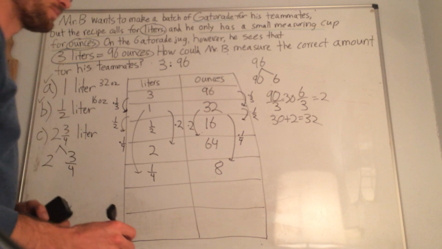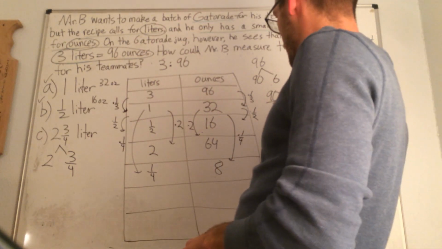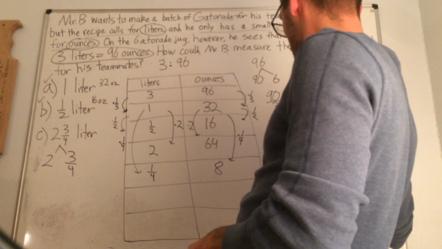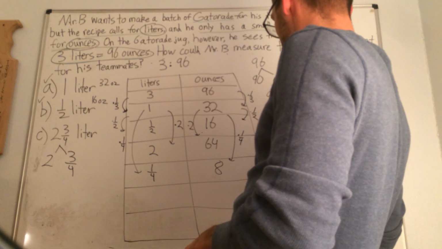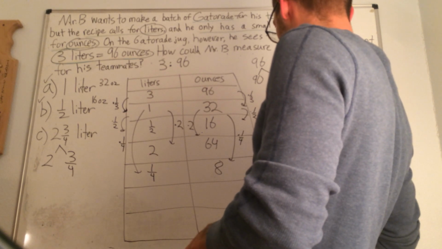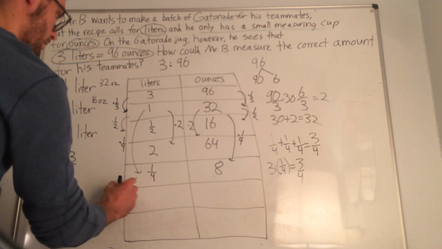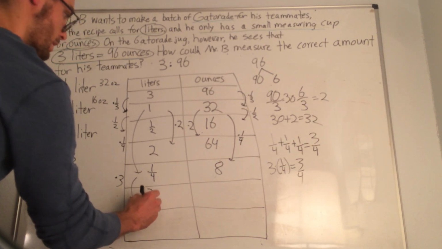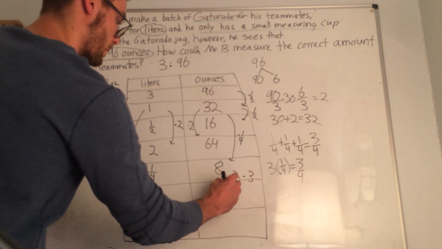Now I know that 1/4 plus 1/4 plus 1/4 equals 3/4, or 3 times 1/4 equals 3/4. So I'm going to multiply by 3 to get 3/4, and 8 times 3 gives 24.